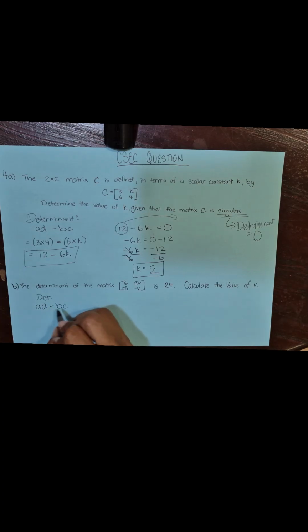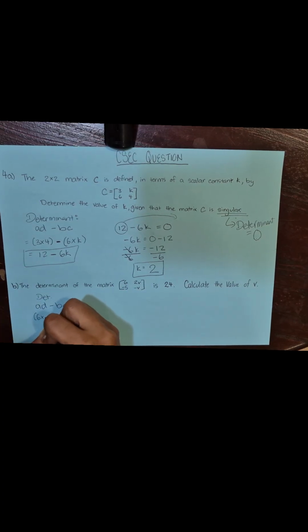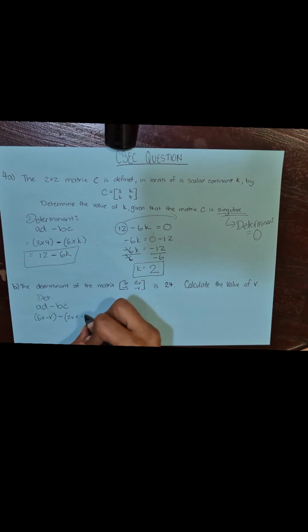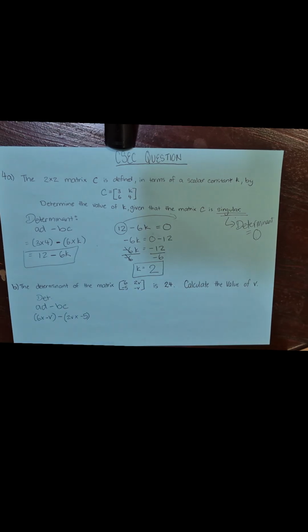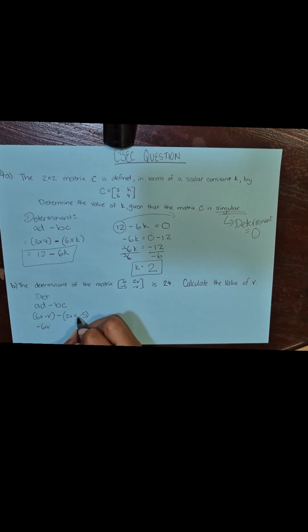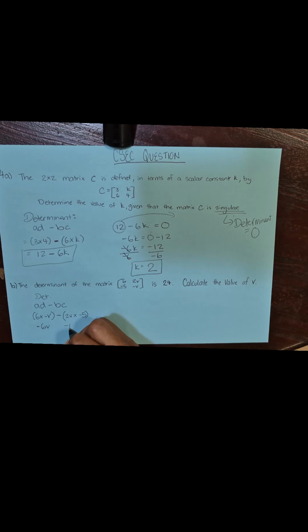So AD minus BC, so that's our leading diagonal. That's 6 times negative V minus the other diagonal. So 2V times negative 5. And that's going to be 6 times negative V, so negative 6V minus 2V times negative 5, so negative 5 times 2 is negative 10V.